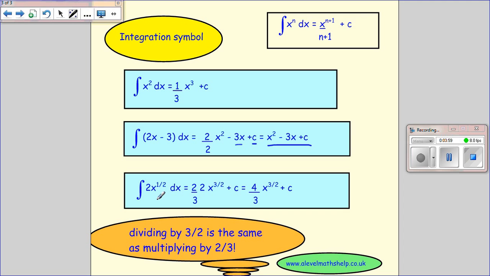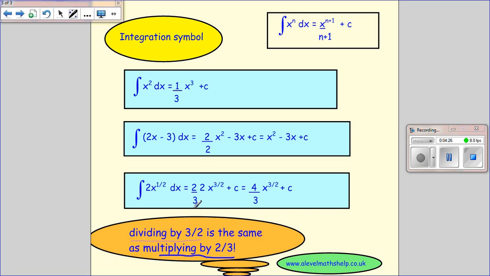And then the last one is only tricky if you're not so good with your fractions. So we start with a half, we add 1 to our half to give me 3 over 2, and then we divide by 3 over 2. Now hopefully you remember that when you divide by a fraction, it's the same as multiplying by the fraction flipped. So it's the same as multiplying by 2/3.